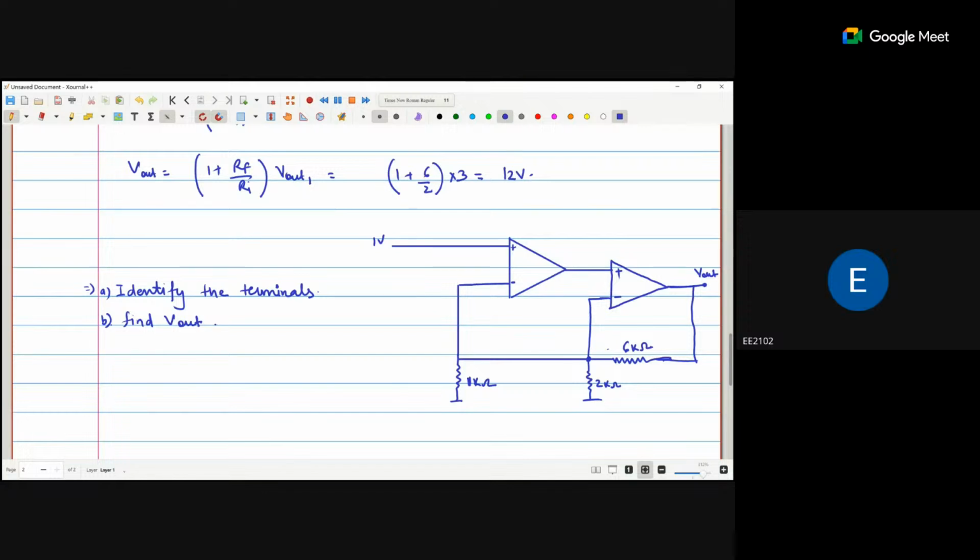Okay. So basically, if you are watching this circuit, first of all, we identify this is my RF. Now, what is R1?